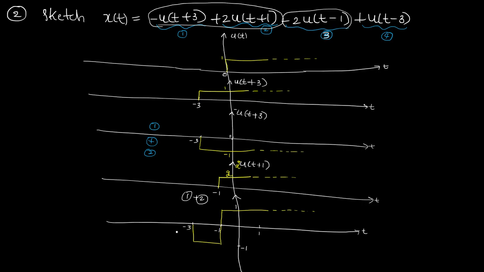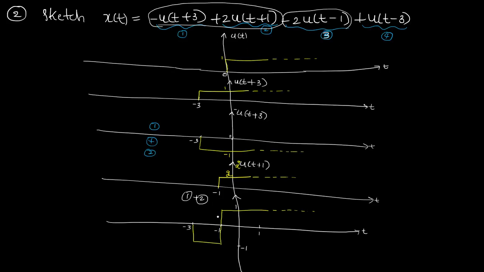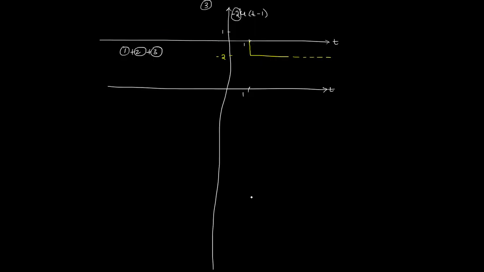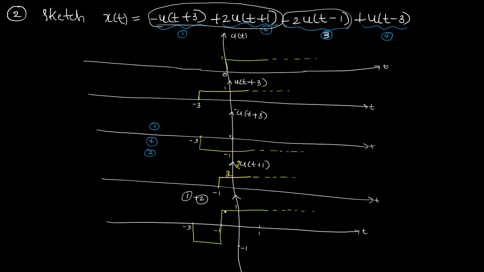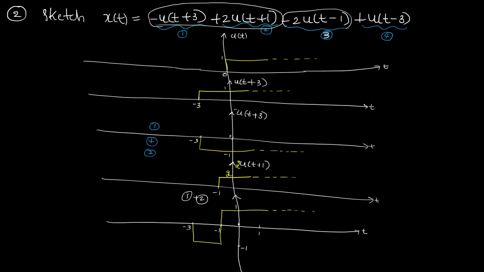What happens if you add them? Here it is 0 amplitude till t is equal to 1, but here something is there. So if you add something with 0, will you not get the same thing? Yes. So if I add some signal with 0, I'm going to get same signal, right? So let me write the same signal till where? Till t is equal to 1.